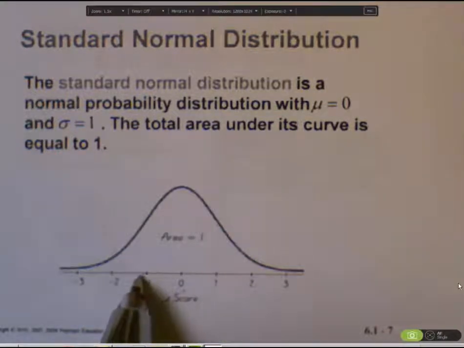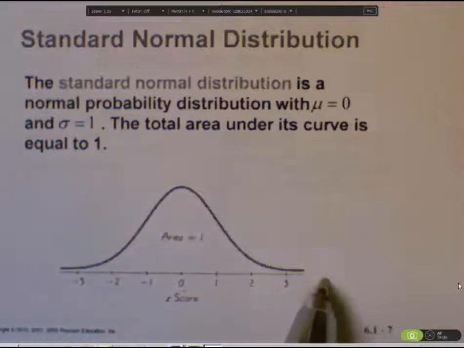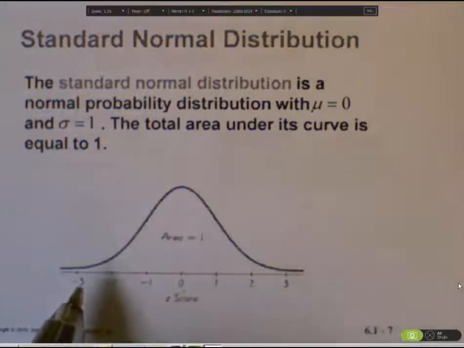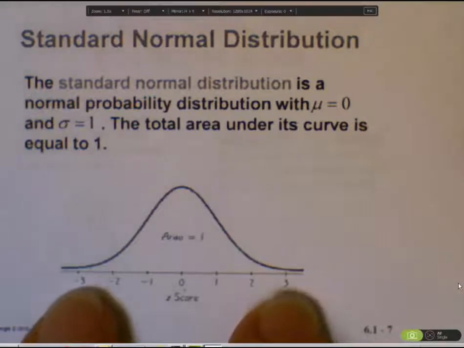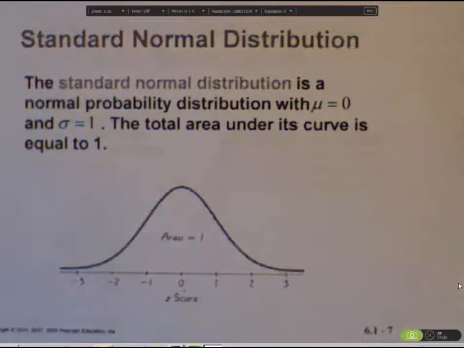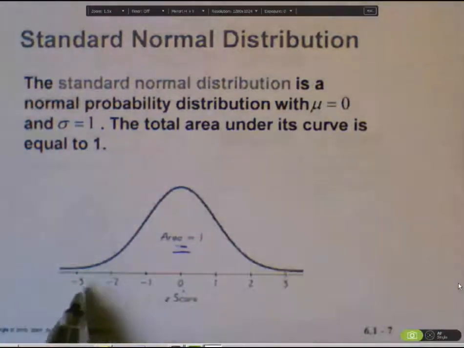We could go all the way out to 10 standard deviations below the mean and 10 standard deviations above the mean, but the empirical rule tells us that 99.7% of all values lie within 3 standard deviations of the mean. That's almost the complete area of 1 lying just between z-scores -3 and +3.